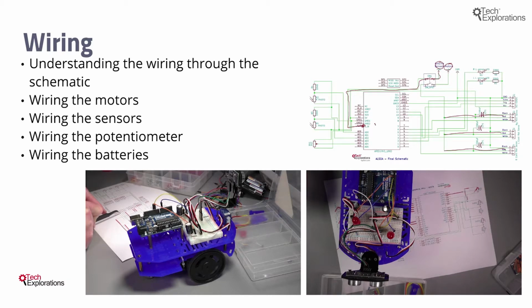So I take a lot of time to step by step and very gently introduce the various wiring options and explain what each connection is for, and also test it, of course. Test it again and again and again to try and avoid errors. So we'll be wiring the motors, then the sensors. There's also a potentiometer that allows us to calibrate the sensitivity of the light sensors. And finally, we'll work on the batteries.